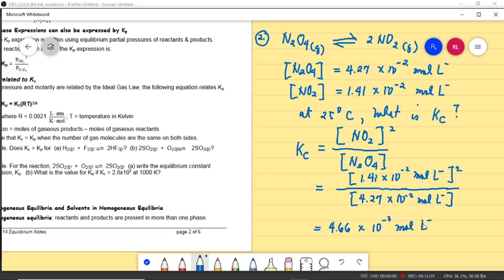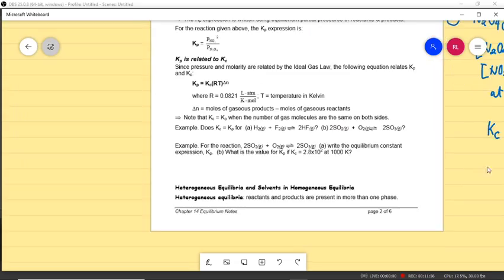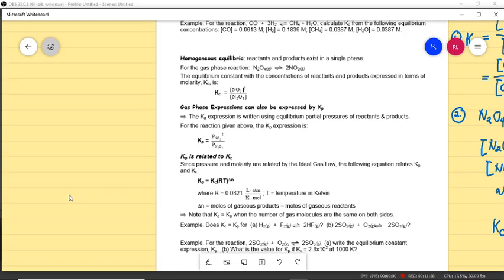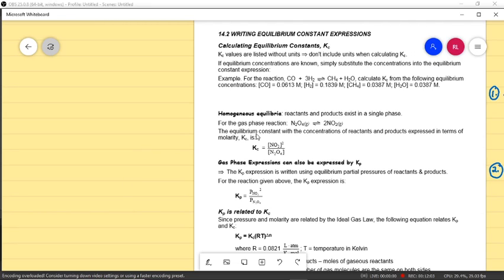Okay, so that is all about calculating the equilibrium constant. Next thing to consider here is this one. We have a statement here, homogeneous equilibria. What does this mean?